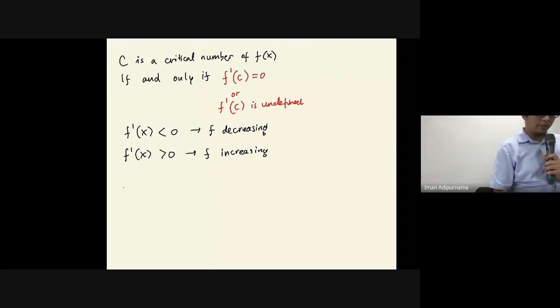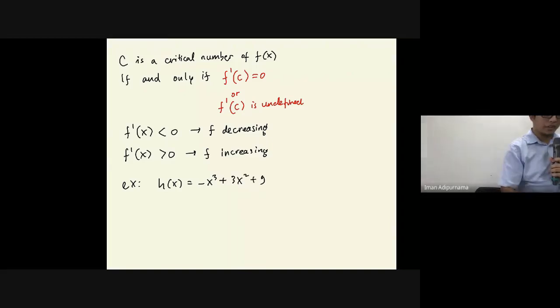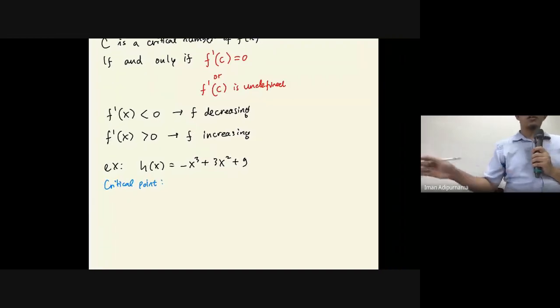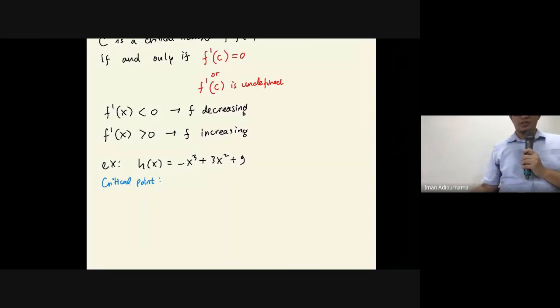For an example, maybe just h of x, function h is negative x cubed plus 3x squared plus 9. If you want to find the critical point, because it's just a normal polynomial function, we can directly go to h prime, which is negative 3x squared plus 6x, and this should equal 0.